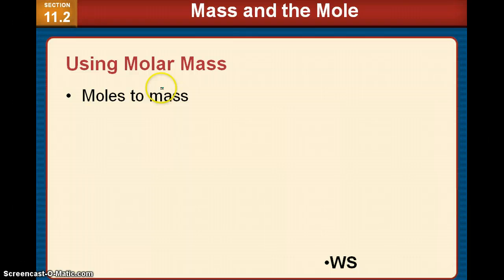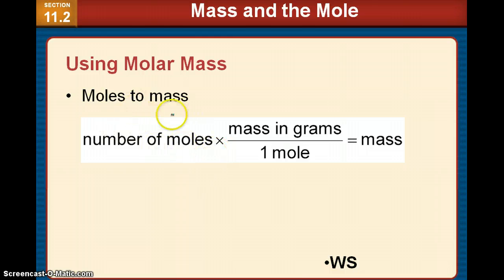So what we do is we have to convert them. So if we go from moles to mass, we're going to start with number of moles, and we're going to take it times the molar mass, with moles on the bottom and grams on top, and it's going to end up with mass, which is measured in grams.